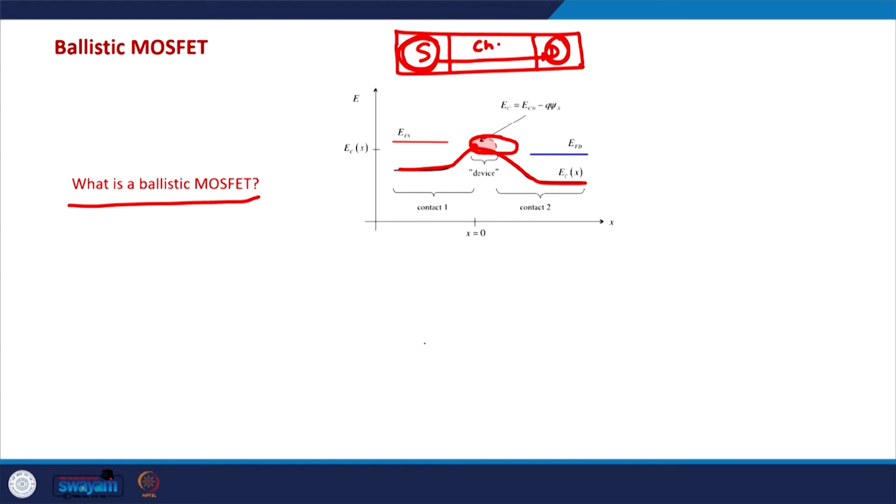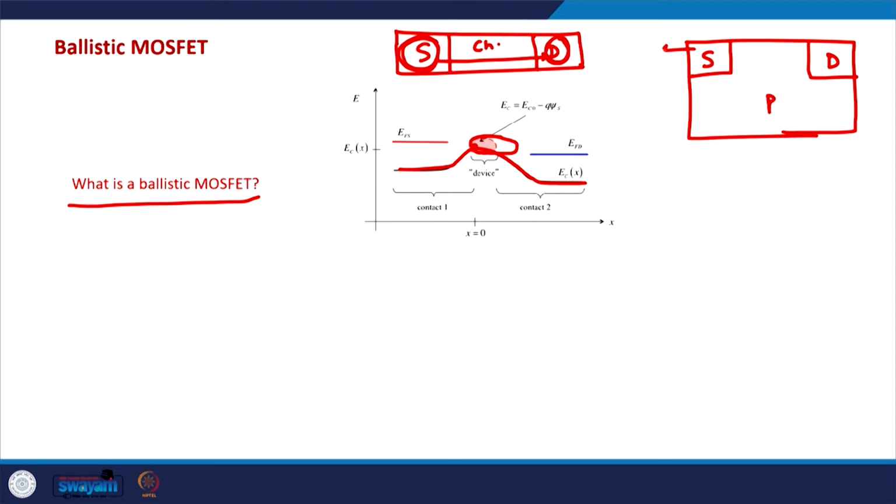So, just to stop for a moment and highlight one more point here: this is how the geometry of the MOSFET is. It is typically, in an N MOSFET, a P type material, and the source and the drain are N type materials.